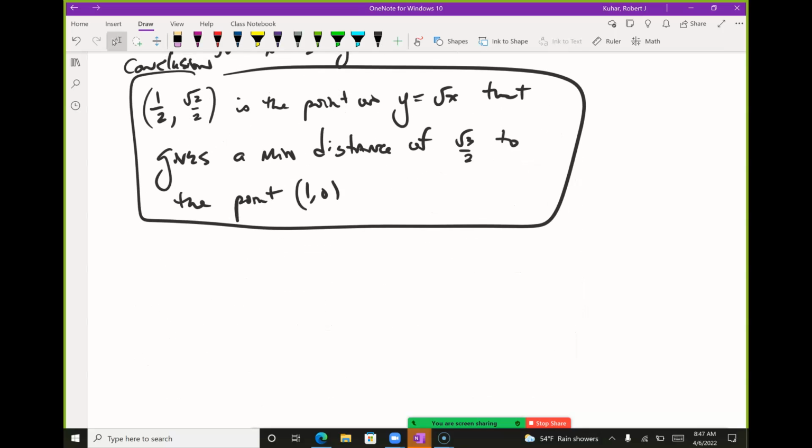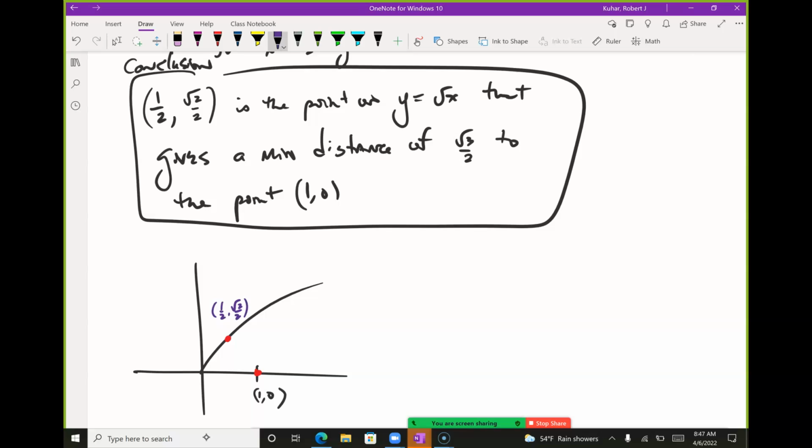So just looking at the picture one more time, I've got the square root of x, I've got my point 1, 0, and I've got my point 1/2, square root of 2 over 2. And I've got this green segment that should be perpendicular to this purple segment.